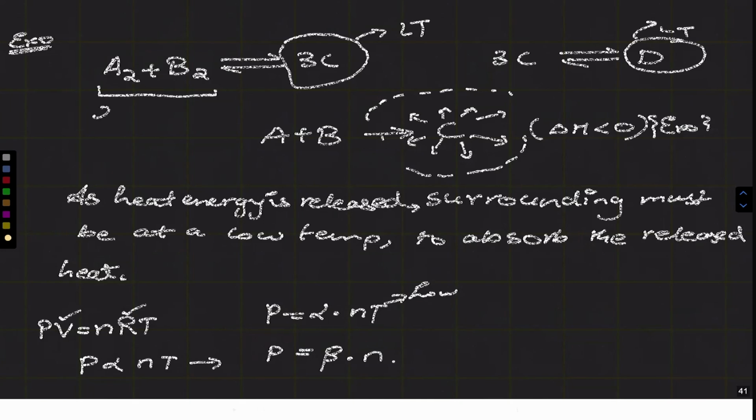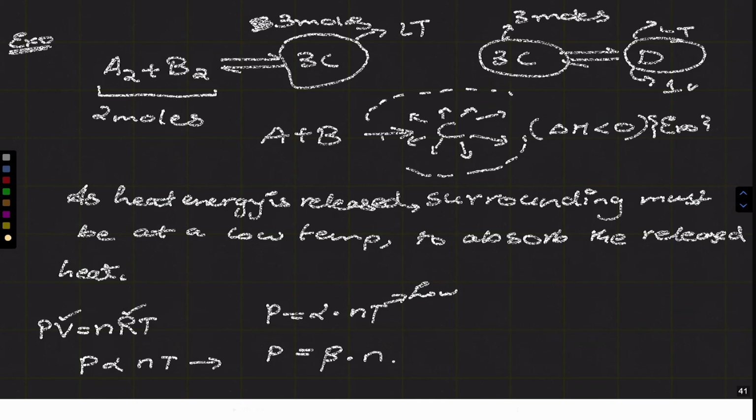Okay. Now look at this. Here you have 2 moles on the reactant side. Here you have 3 moles. On the reactant side of this equation, again you have 3 moles. And here you have 1 mole. So here you can see that N increases, and for this reaction, N decreases, right?